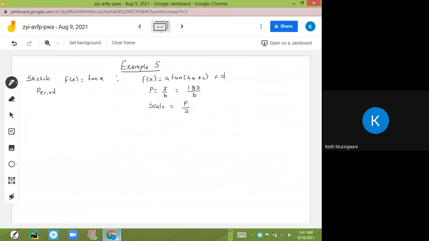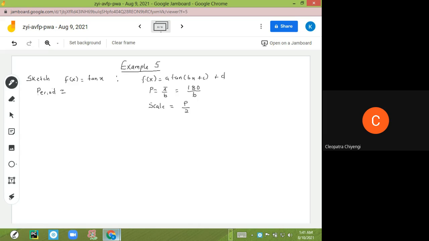So back to our example. The period will be. The vertical shift is the same as sine, cos, cosec, and sec.